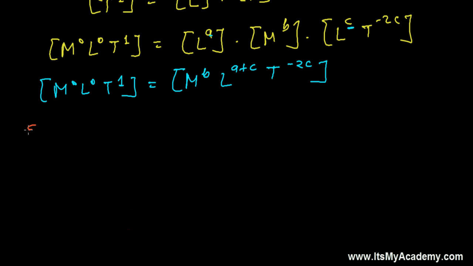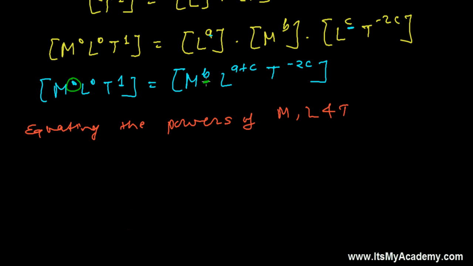So equating the powers of M, L and T, one by one: M to the power 0 and M to the power b, so b equals 0, and 0 equals a plus c. So a plus c equals 0, and 1 equals minus 2c, so minus 2c equals 1.